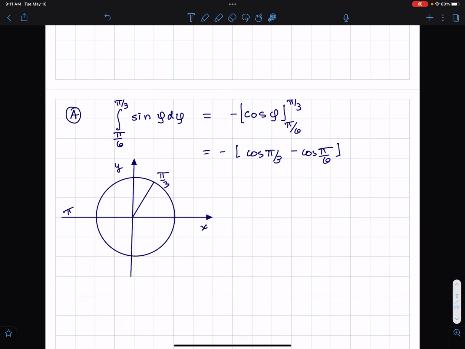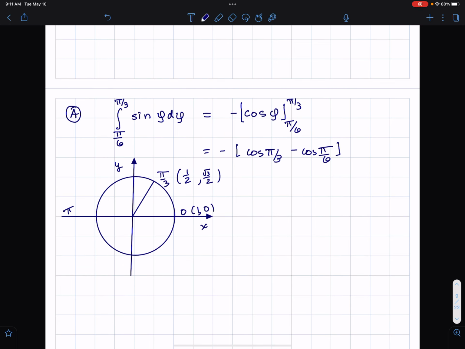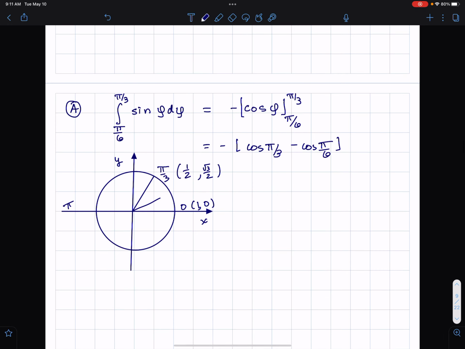I see the x coordinate should be less than the y coordinate, so that would make 1/2, rad 3 over 2, that's the pairing. Pi over 3 in terms of x is halfway there. And then pi over 6 is halfway up, so it's 1/2 for the y coordinate. Cosine is the x coordinate, sine is the y coordinate, so just a little review of the unit circle there.